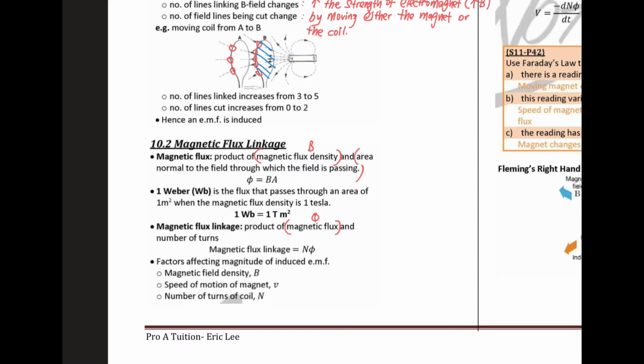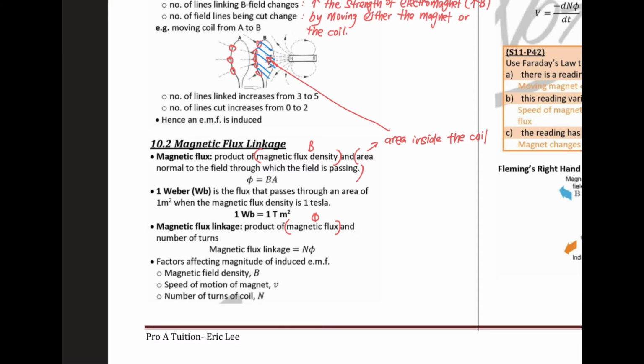Let me write down: this is the area inside the coil. So you take that area, which is this area, the blue one, multiply with the magnetic flux density, then you get magnetic flux.